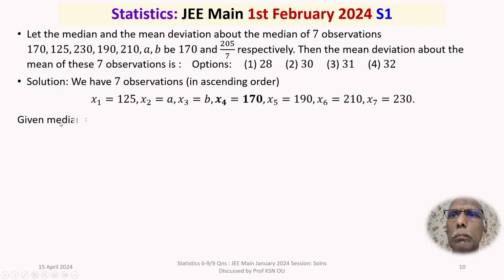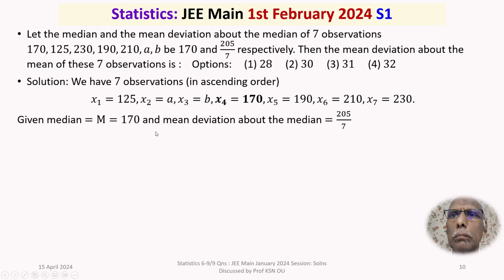Now, given the median is 170, and the mean deviation about the median is given to be 205 by 7. So, what is the mean deviation about the median?